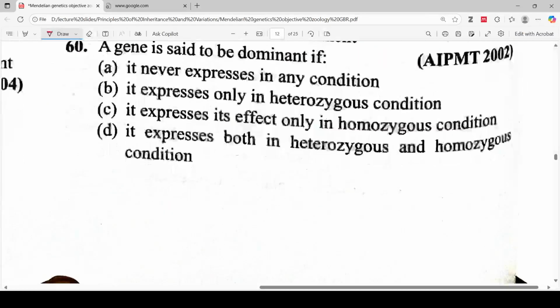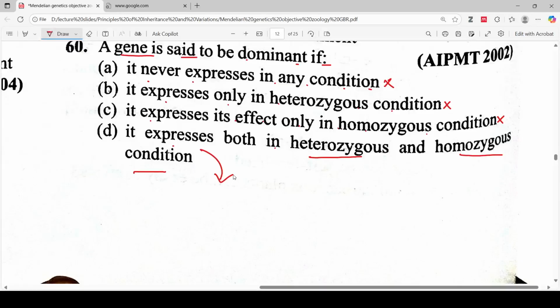Next question, a gene is said to be dominant if it never express in any condition. This is not correct. It express only in heterozygous condition. It also not correct. It express its effect only in homozygous condition. This is also not correct. It express both in heterozygous and homozygous condition. So the correct answer option will be C.